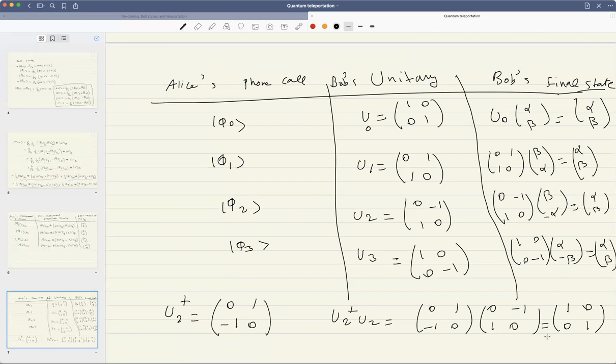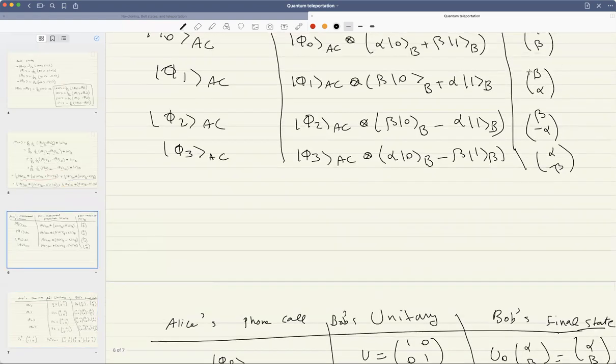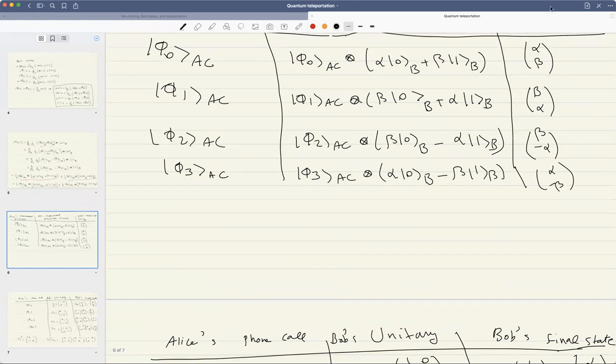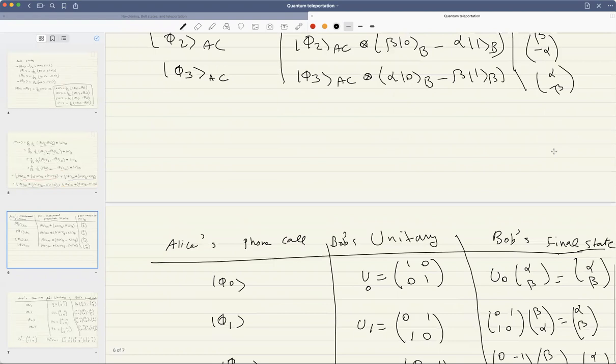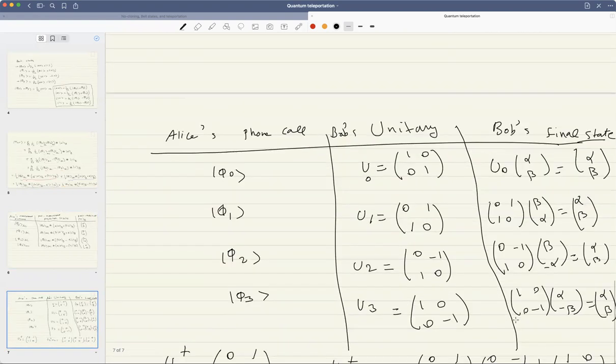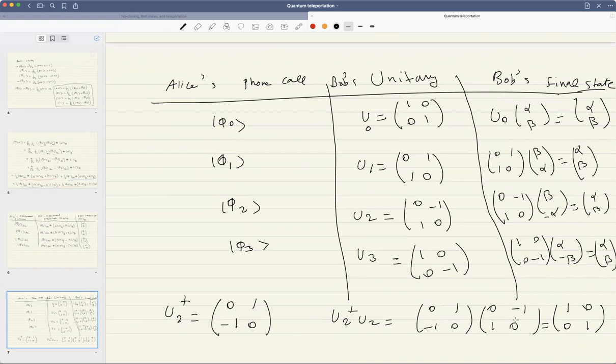So as soon as Bob receives the phone call with the information of what Alice measured, he no longer has a classical mixture of these states without knowing which one. There's just some probability for each. He knows for sure that he has one of these, and then that information enables him to perform a given transformation on the state, and the result will be that at the end of the day, this state alpha beta that initially qubit C had is now the state of qubit B that Bob had access to.